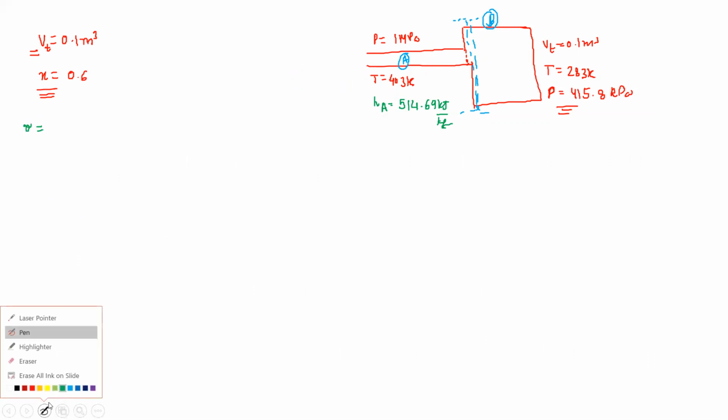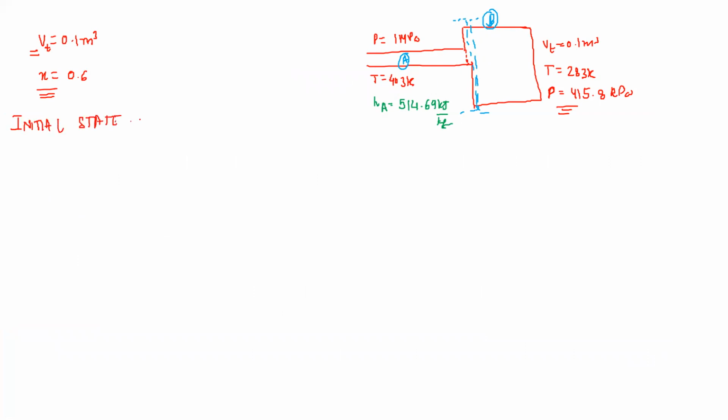So this is my initial state of the gas. So I'll call this the initial state. In the initial state, this is the tank, this is the temperature, this is the pressure, and this is the quality.